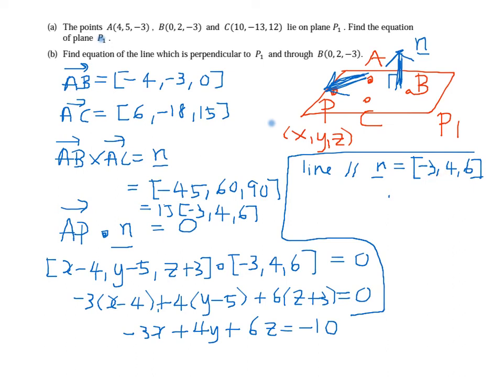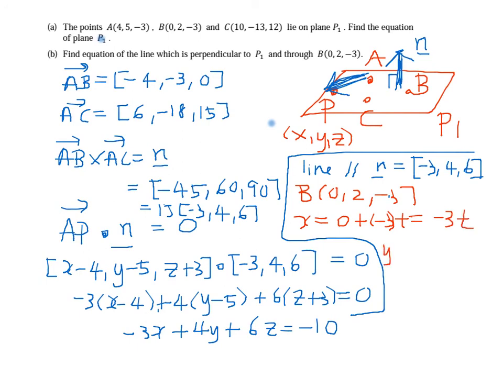And so everything here becomes fairly simple now, because to get the equation of a straight line, we need a point on the line and the direction vector. So we can form this. The parametric form will be x = 0 + (-3)t. We can simplify that, and we end up having x = -3t.